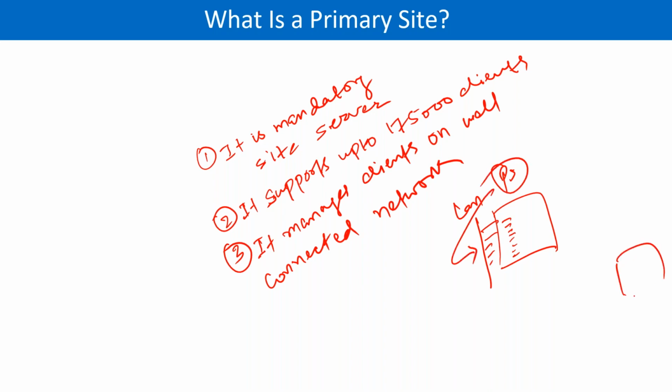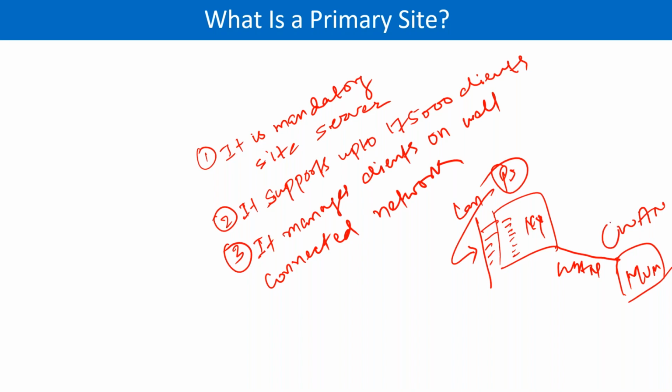If the devices are outside on a WAN network, in a different location, different office, and the connection between this primary and this location, like headquarter in New York and this one in Mumbai, for example, is on a WAN network, then the computers have limited connectivity, very low bandwidth.